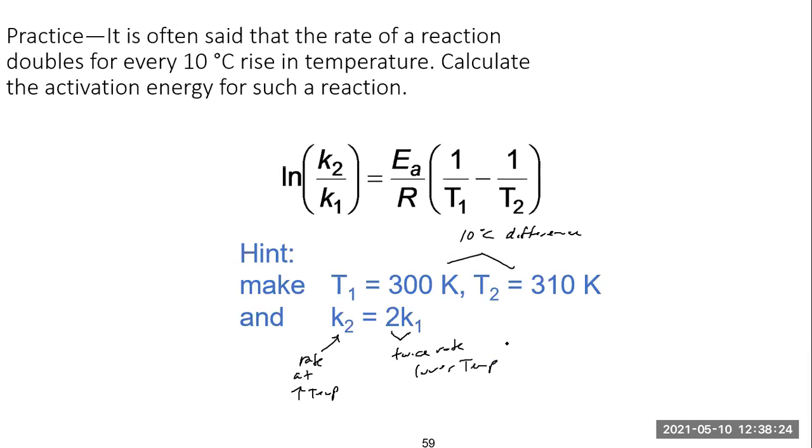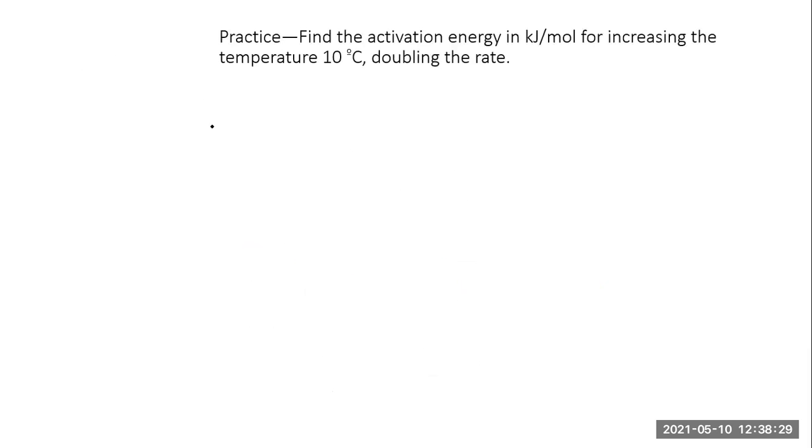So we can put those values in and the temperatures in and solve for activation energy. If we do that using our equation of natural log of K2 over K1 is equal to E of A over R times 1 over T1 minus 1 over T2. And using that relationship that we just saw on the previous page, K2 is twice K1.